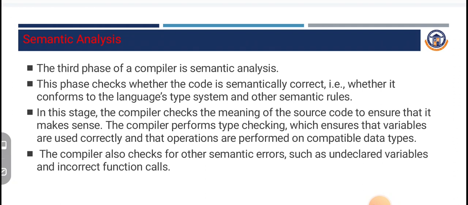If one variable is a float variable and the second variable is an integer variable, then based on our convenience, we are going to get the correct result. Another possibility is that in your program, if you open two curly braces, it is compulsory to close the two curly braces also. This type of error will be identified in the third phase of the compiler, the semantic analysis.